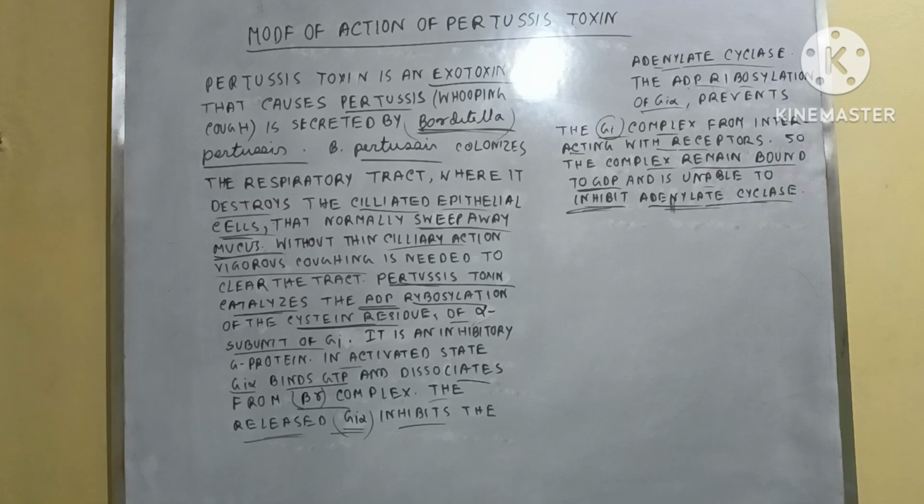That means it is unable to inhibit adenylate cyclase. That means they cannot control the level of the adenylate cyclase. So this situation is seen in whooping cough, or the infections caused by the Bordetella within the respiratory tract.